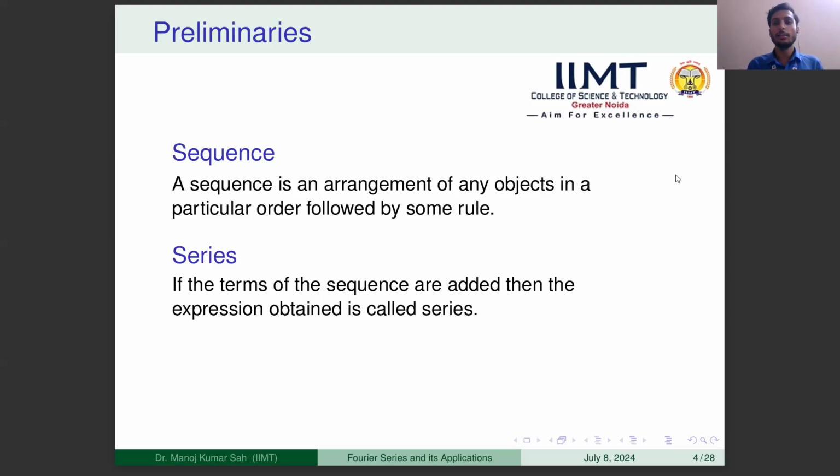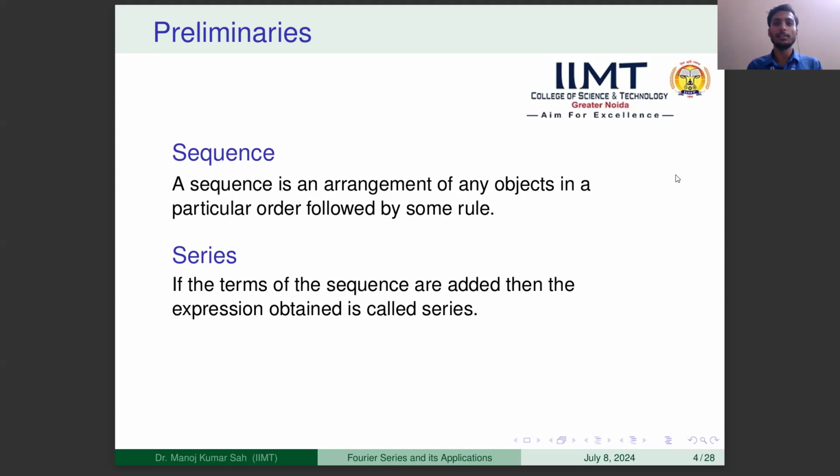Now in this slide, we will discuss sequence and series. A sequence is nothing but an arrangement of objects in a particular order followed by some rule. For example, the sequence of natural numbers, the sequence of even numbers, the sequence of odd numbers. In all these examples, what do you find?